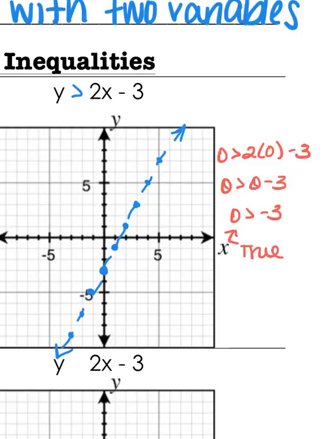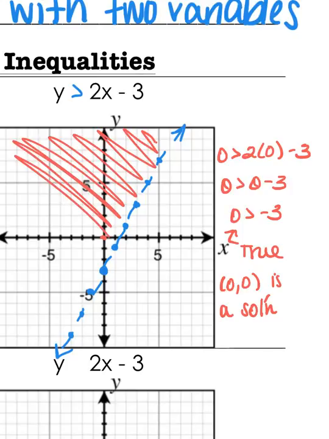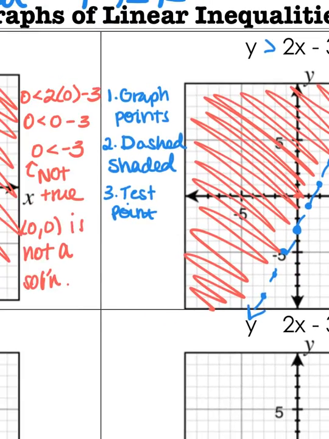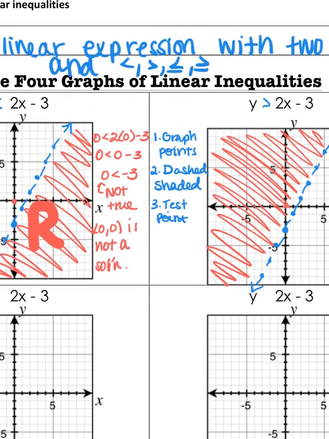That is true. So that means 0, 0 is a solution. So I would shade the region that contains that point. Okay? So take a second, if you're stuck, look at the differences between these two. I'm also going to put that R up there.